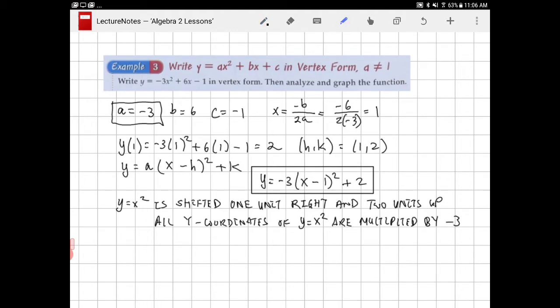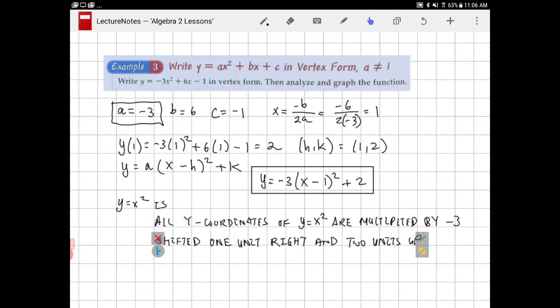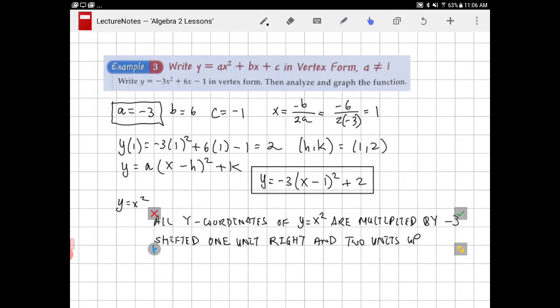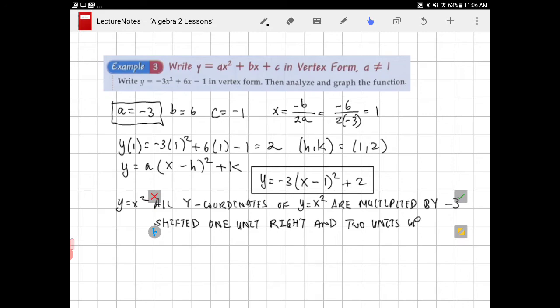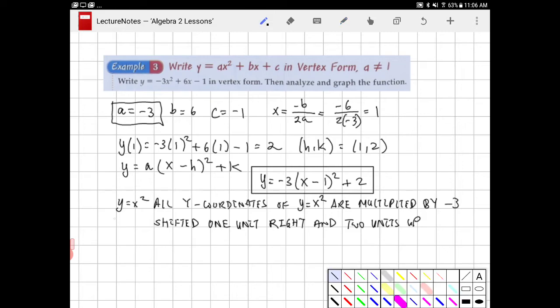Actually, I should do this first. This should go in this order. So all the y coordinates are multiplied by -3, then shifted 1 unit right and 2 units up.